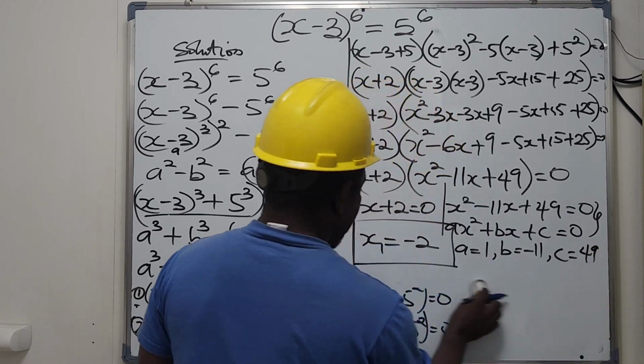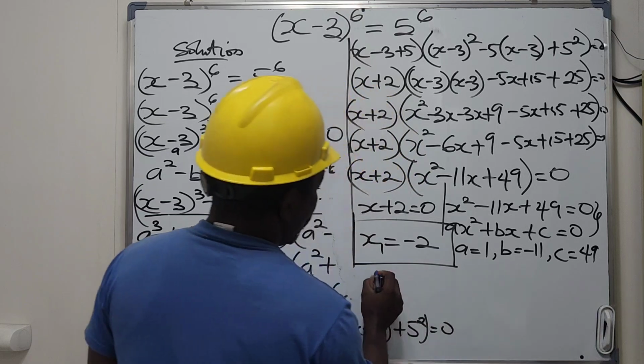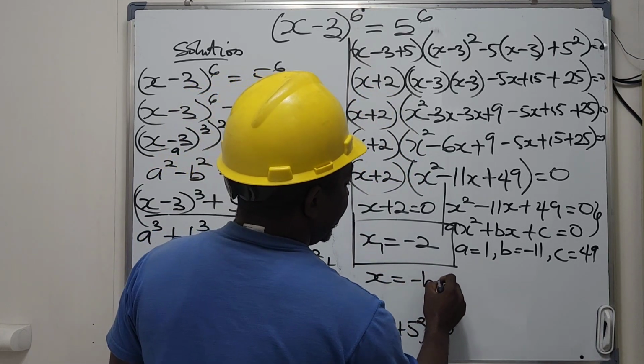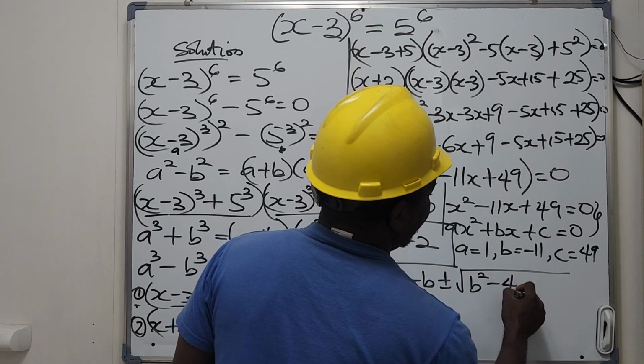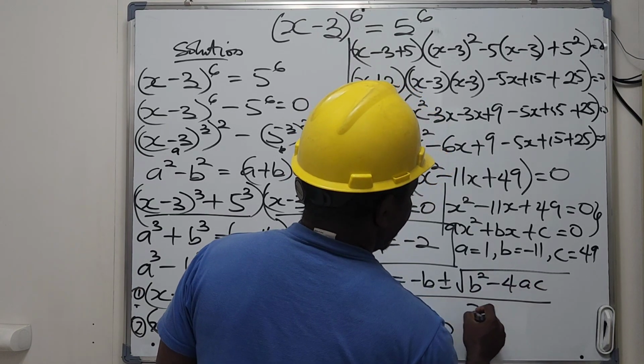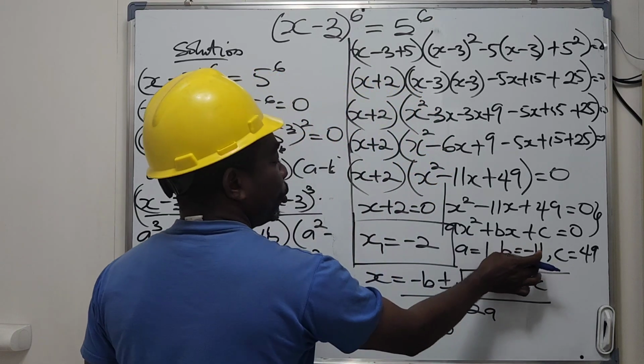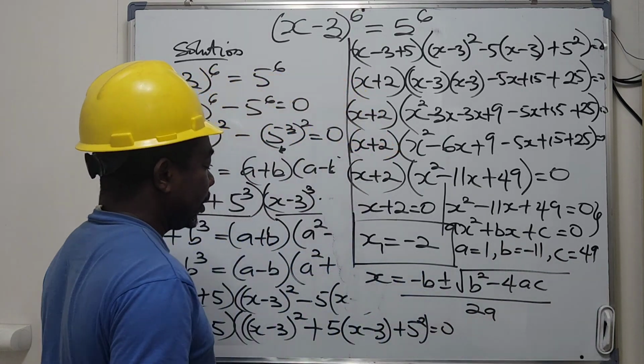So substituting that into the quadratic formula, where we have x equals to minus b plus or minus square root of b to the power of 2 minus 4ac all over 2a. So we are going to substitute these parameters into this quadratic formula.